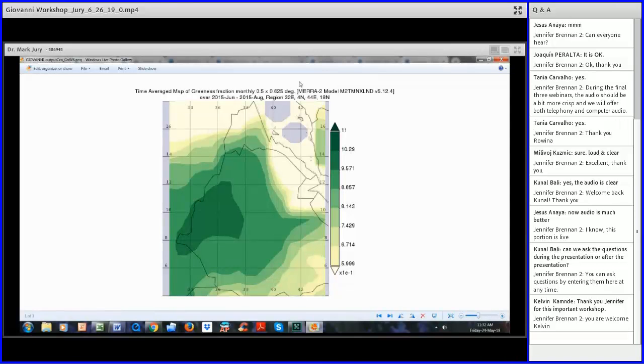Of course, I crop that out later. And it's picking up the greenness fraction at the resolution of the MERRA-2 model, which is 0.5 latitude by 0.625 longitude. There are higher resolution products in NASA Giovanni that could be used to do the same thing, and this is just taken a mix of different satellite visible band data and working with that.